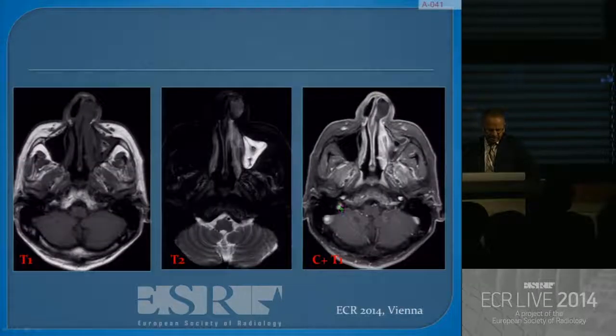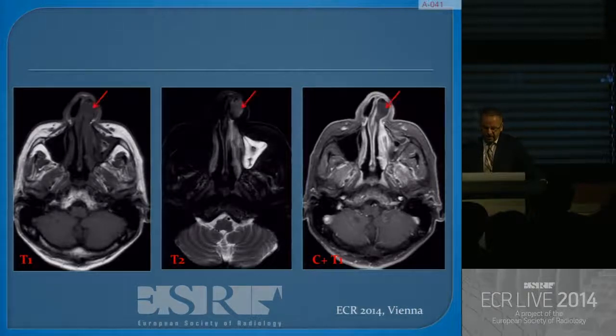On axial images, there is a suspicious mass lesion on the left side, which is hypointense on T1, with no enhancement on post-contrast series, and slightly hyperintense on T2 weighted images. This is a pseudo-lesion.